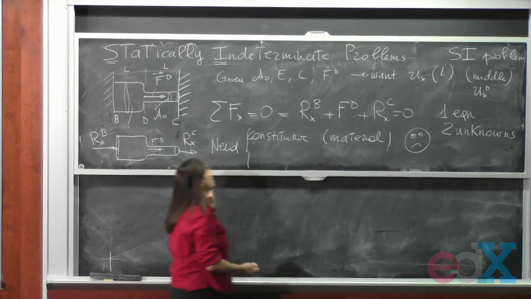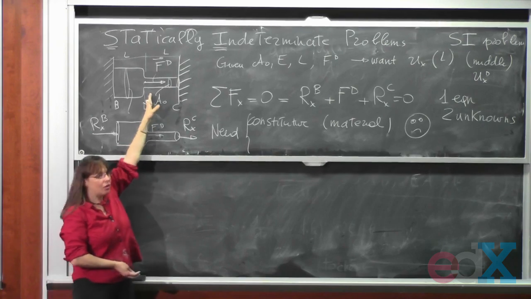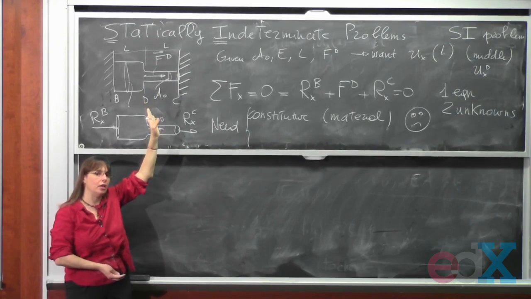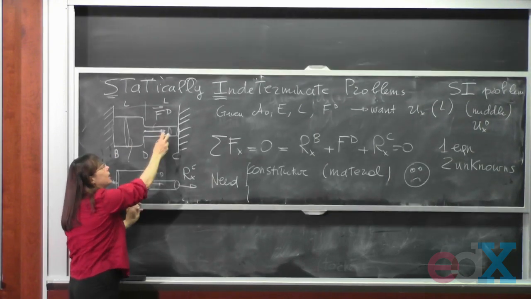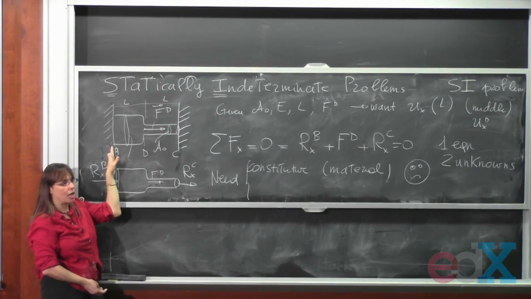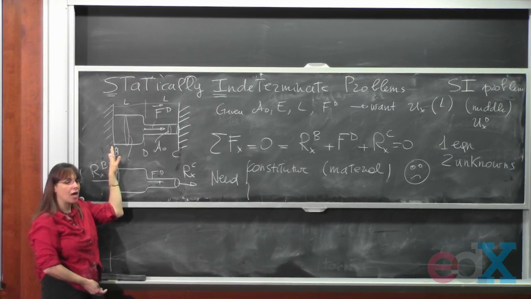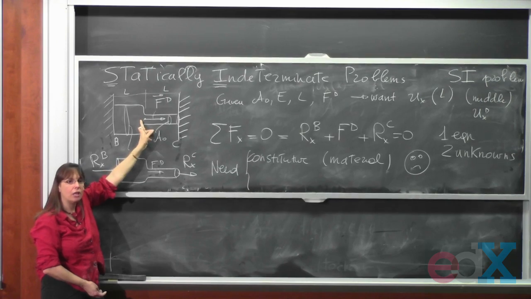Say, for instance, that this part of the bar was made of steel, and this part of the bar was made of strawberry jello, right? When I apply this force, the strawberry jello is not going to do much to carry that force. The steel is probably going to do a lot. So probably this side, which is attached to the steel, is going to feel a lot more reaction than this guy, which is only attached to the bar with jello, right?